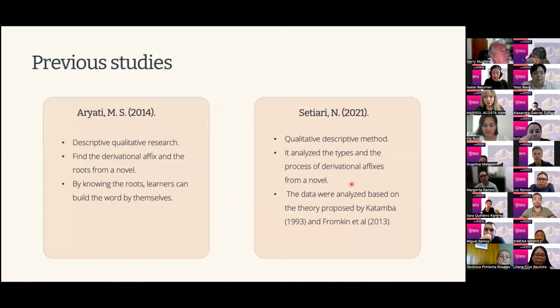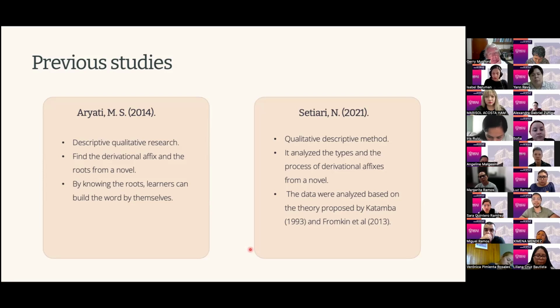In this case, we have previous studies from Ariadne and Setiari. They basically have the same, not the same, but similar studies. They use a descriptive qualitative research, and their work is about finding derivational affixations in novels. And the first one, Ariadne's research, is first knowing the roots, and from that learners can create or build new vocabulary.